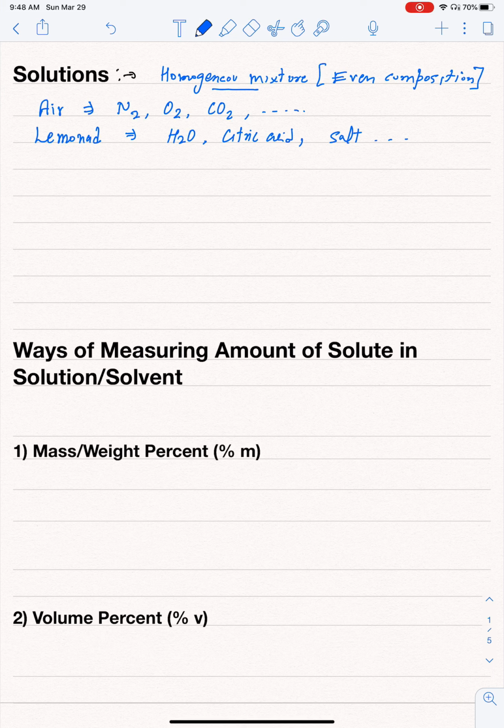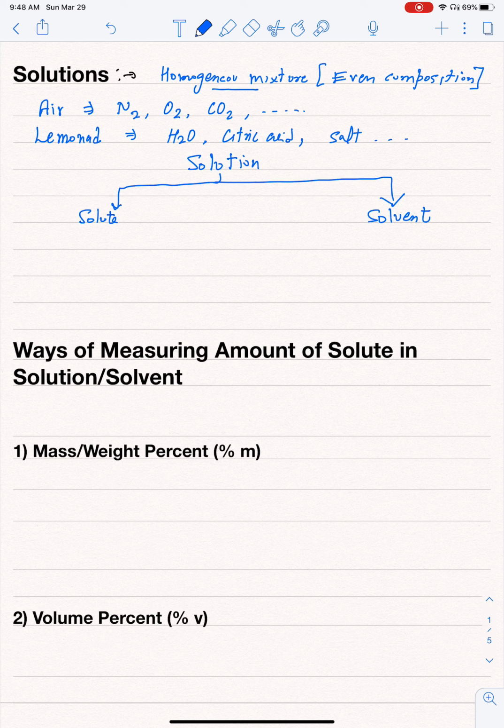Now, in this chapter, to keep things simple, we're going to be talking about solutions that are made of only two types of materials. We don't want to consider more than two types of materials, just to keep things simple. One of those two materials would be called a solute and the other would be called a solvent.